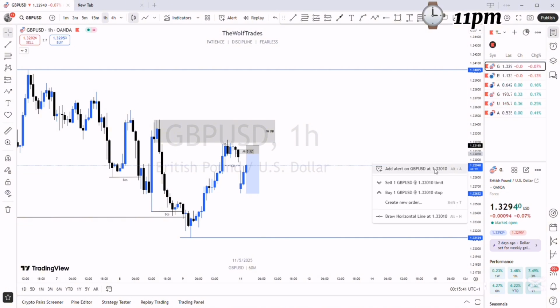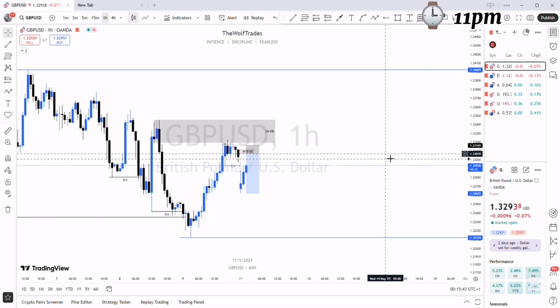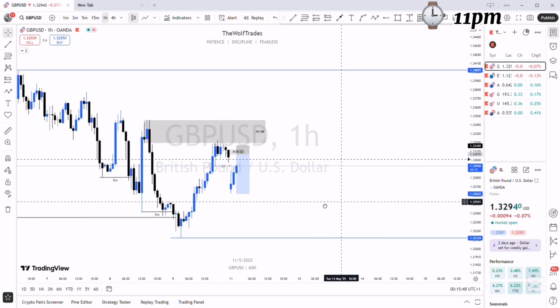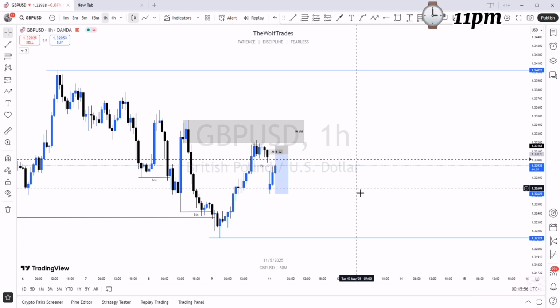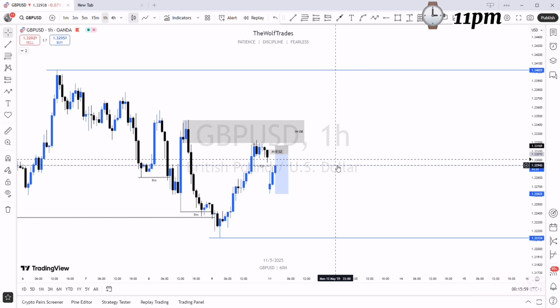I might take this trade. Once price gets to that zone, I'll just take that trade. So that's it for this week. This is what I'm looking out for this week.